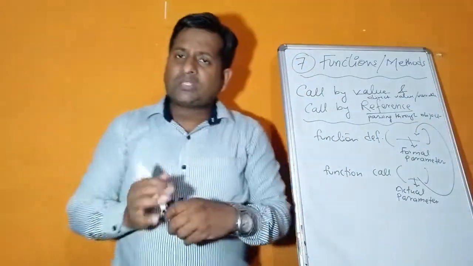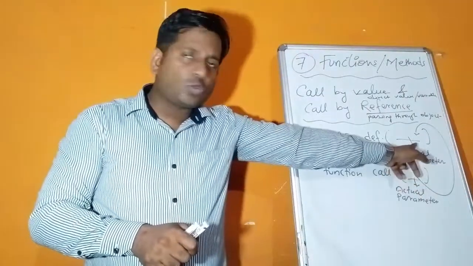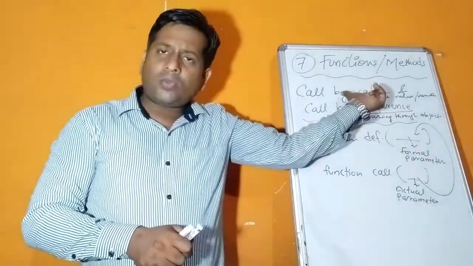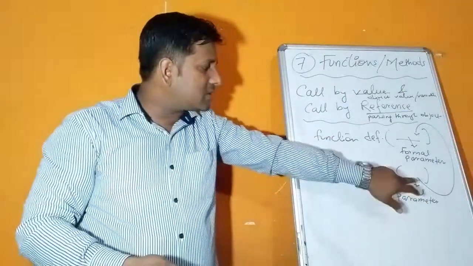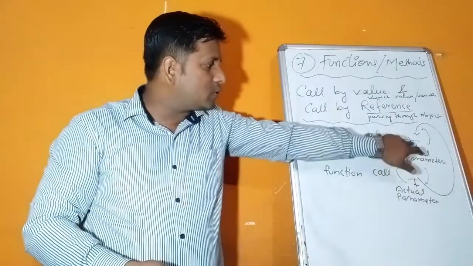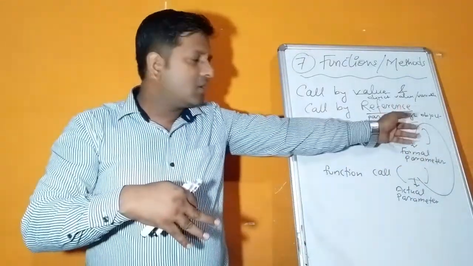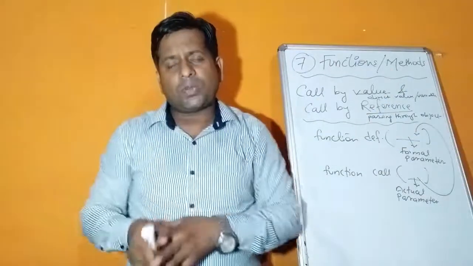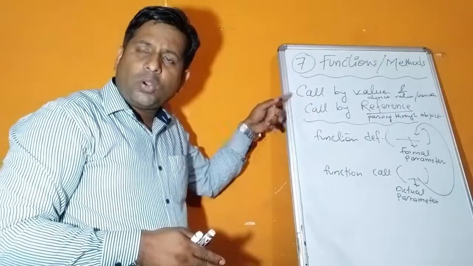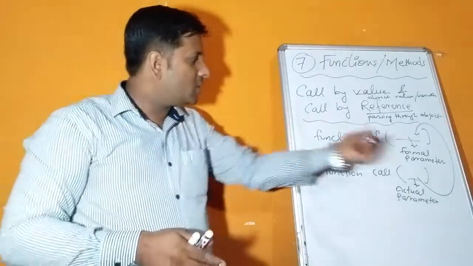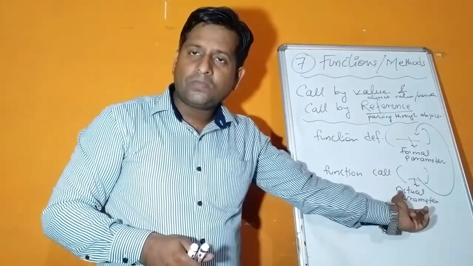So when we pass a direct value or variable from actual parameter to formal parameter, that becomes call by value or pass by value. And just opposite, when we pass the value from actual parameter to formal parameter with the help of an object, that becomes call by reference or pass by reference. So children, understood this part, what is call by value, what is call by reference, as well as what is formal parameter and what is actual parameter. Clear, children?